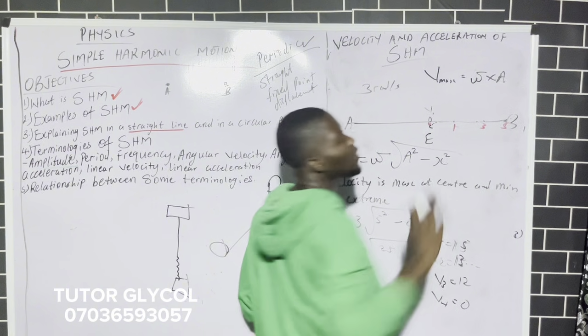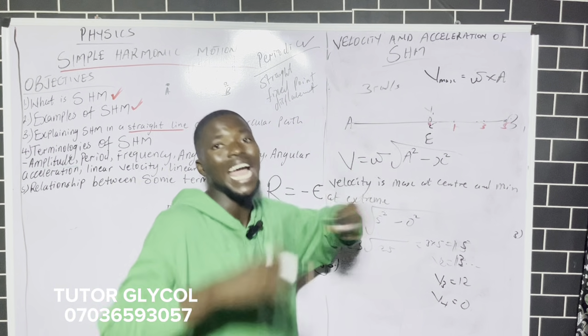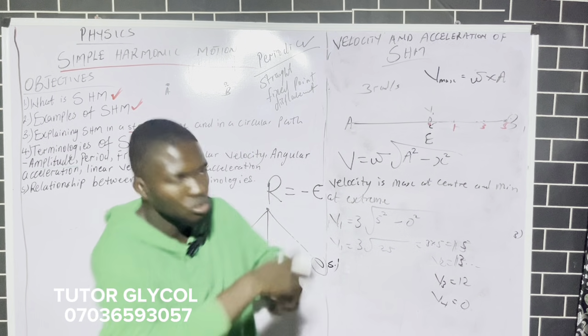Maximum velocity is only gotten at the center, and at the center x is 0. So anything multiplied by 0 will still give you 0, and you just cancel that.